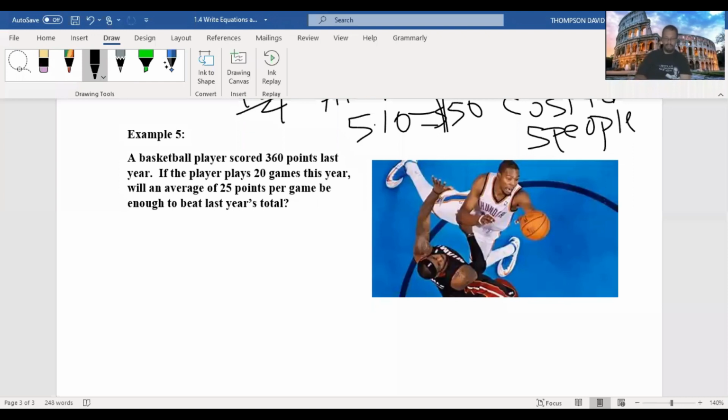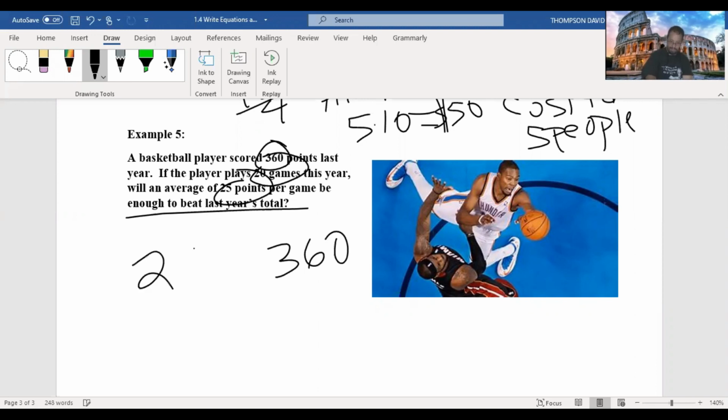Example 5. A basketball player scored 360 points last year. If the player plays 20 games this year, will an average of 25 points per game be enough to beat last year's total? So first we want to set up an inequality. We have 360 and he's playing 20 games, so say 20g. We want to see if that's bigger than 360.